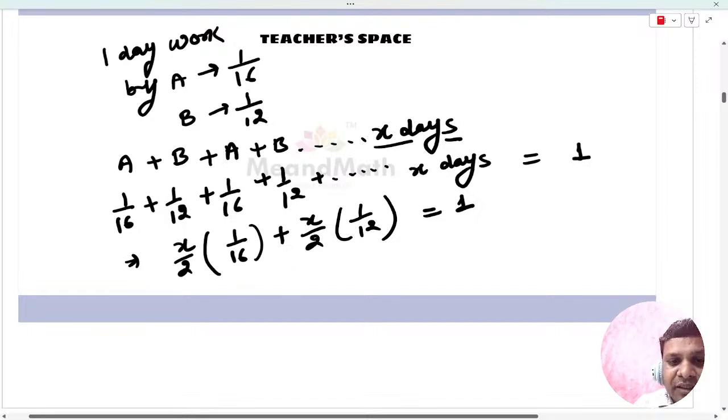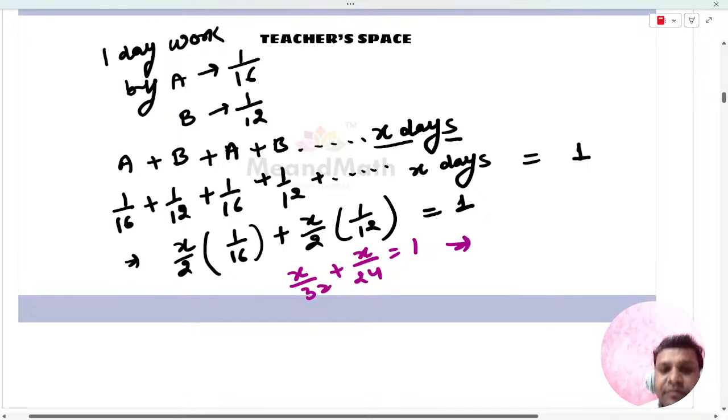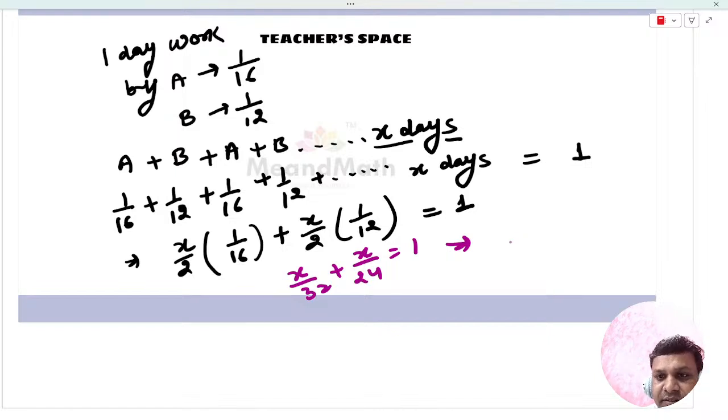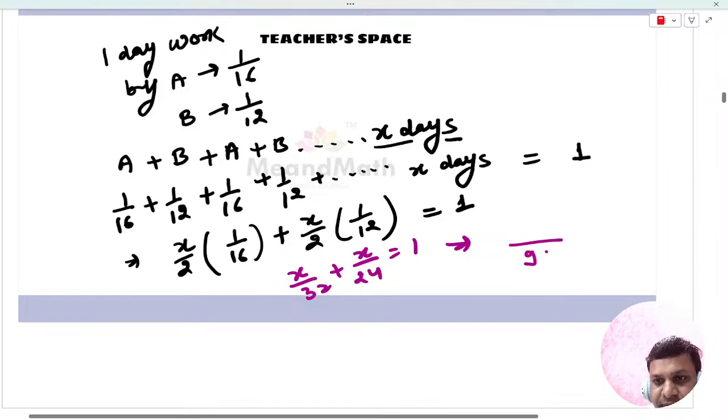So this is x upon 32 plus x upon 24 is equal to 1. Take the LCM. LCM is 48, no, 96. So this is 3x plus 4x is equal to 96.